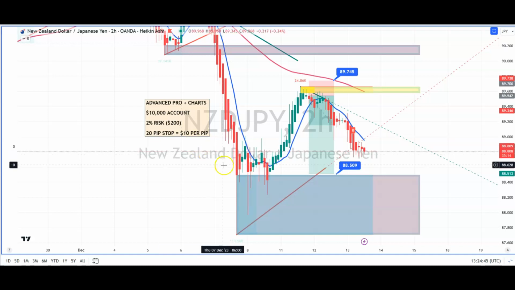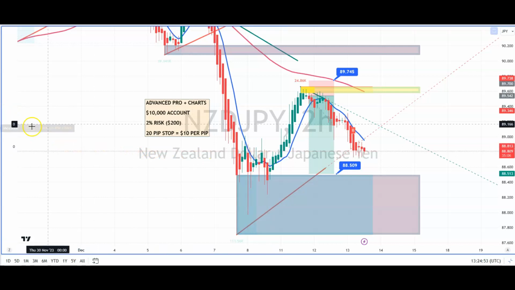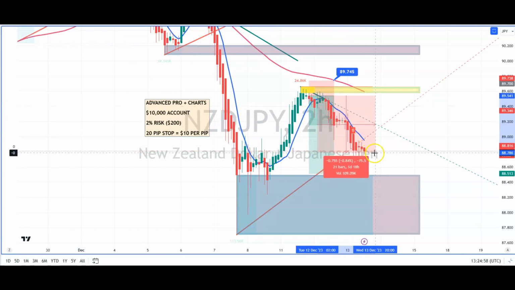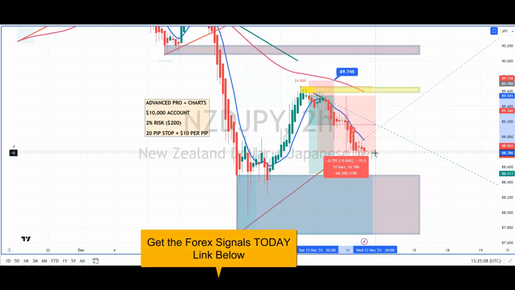And the key to that is waiting for the pullback into a certain area, and that's when I send you the signal. So where are we now? 70 pips or so up, I believe. 75. So instead of being $100 in profit in the long term, which is fine, or $70 I think it was, you're now $750 in profit at $10 per pip.